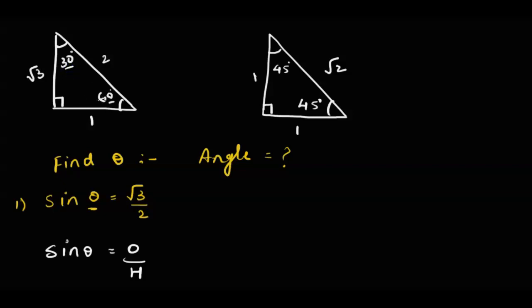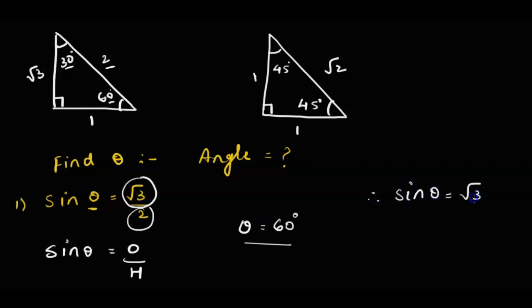If we consider 60-degree angle, opposite is root 3. And we are looking for root 3 as the opposite. Hypotenuse stays the same too, so we do not have to worry about hypotenuse. From here we get to know that when theta is equal to 60 degrees, then the opposite is root 3. Therefore, we can conclude sine theta is root 3 over 2 when theta is 60 degrees.